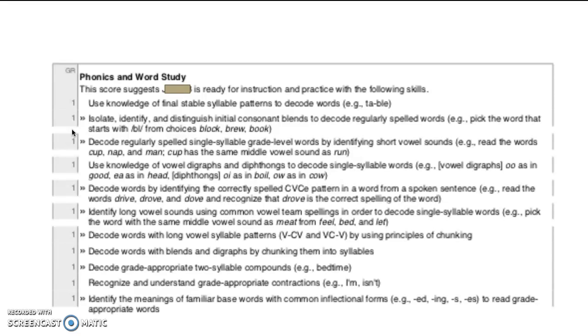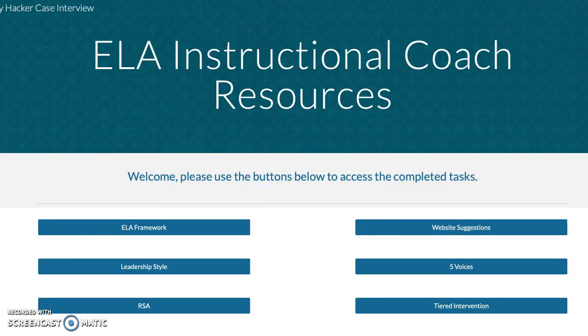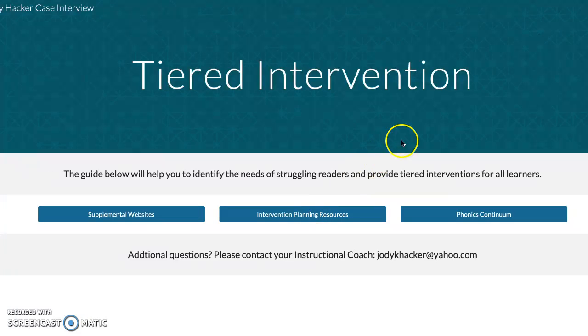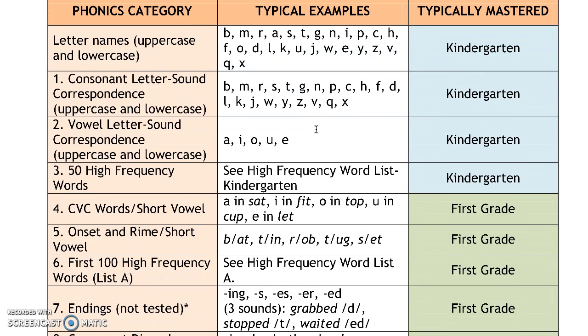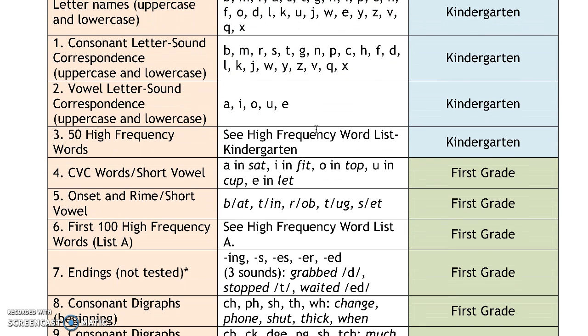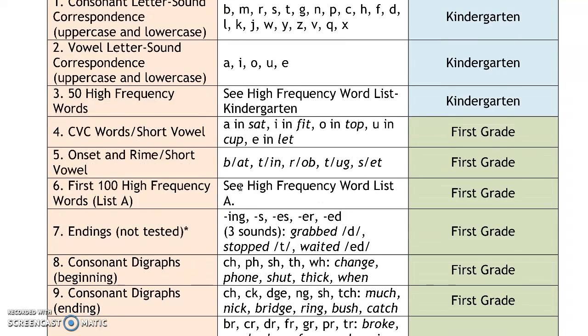So if you go to my website and choose tiered intervention, you can get in here and I have a phonics continuum listed. This phonics continuum lists all the different skills that are taught in phonics and in what order. This is a great little tool that you can use in planning what to teach when with these learners that are behind.